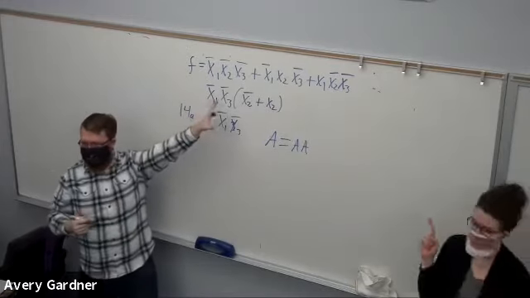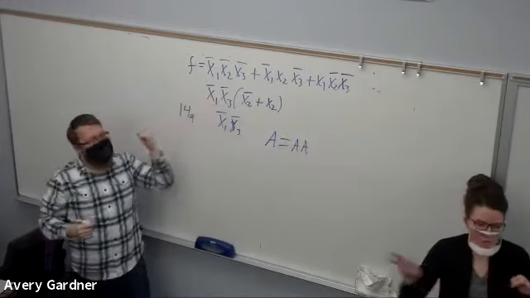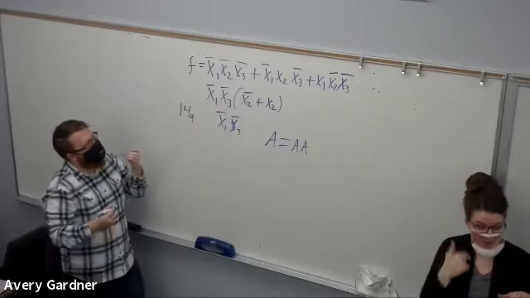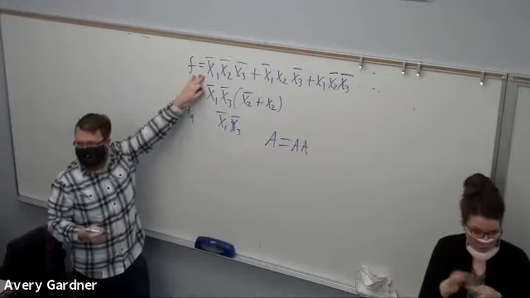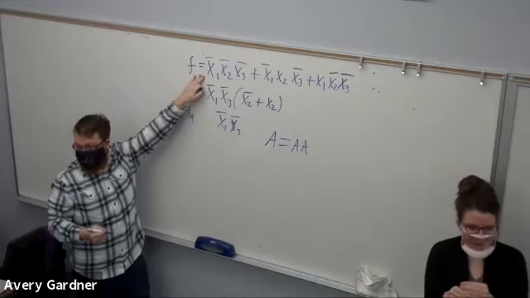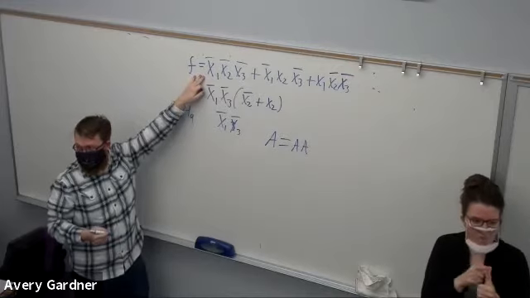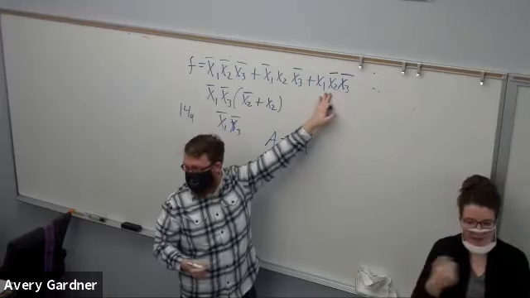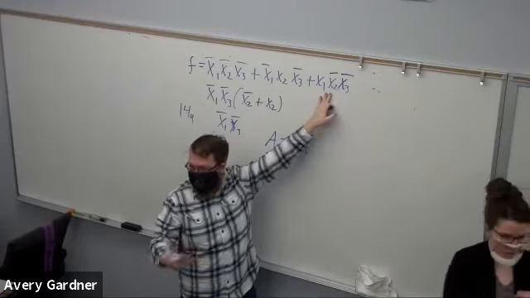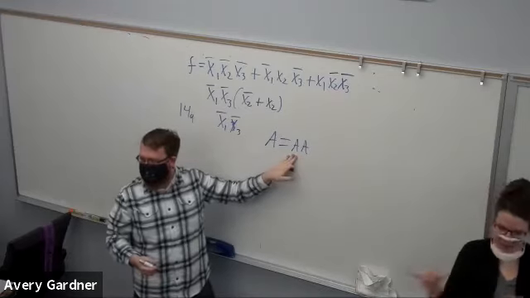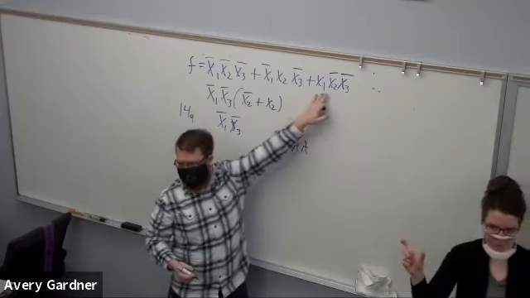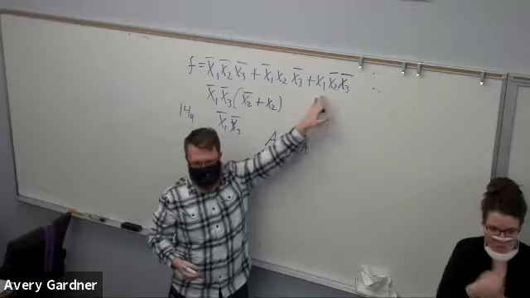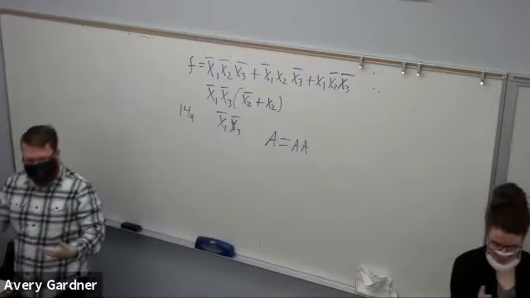Say that was my whole expression. If I wanted to simplify this, I could just add an extra of this first product term and use it to simplify this one. Does everyone see that? If I could just add an extra one in order to help simplify here. Does that make sense to everyone? Okay, good. Because that's going to come up.